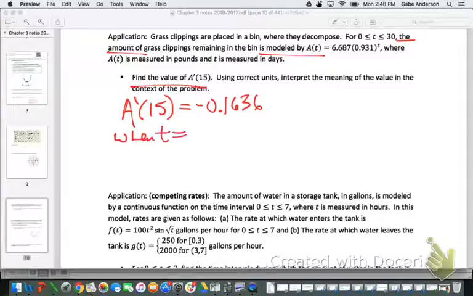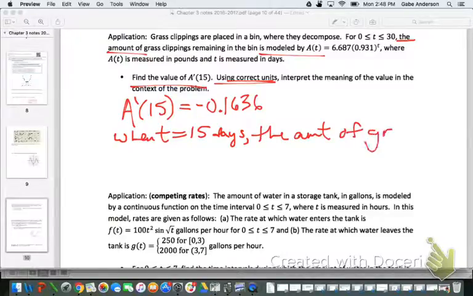When T equals 15, what's? Days. You want to include units. So that phrase, using correct units, they really mean that. I really mean that too. So when T equals 15 days, the amount of grass clippings, or the amount of grass, is decreasing at a rate, I want to see that word rate in there, of, let's be extremely careful with how we finish this.